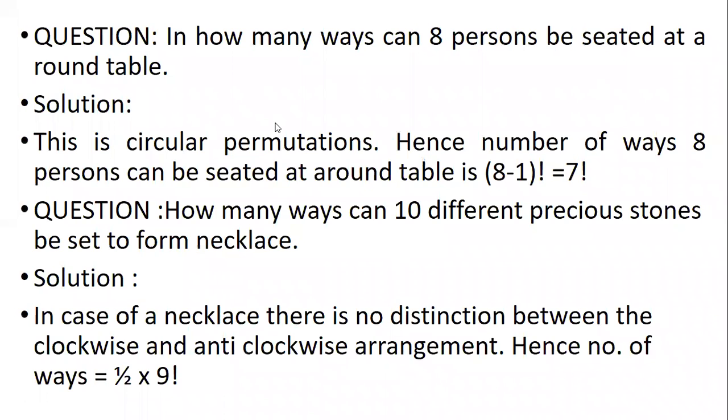In that, the first problem: in how many ways can 8 persons be seated at a round table? According to the first method, we just have to use the formula n minus 1 factorial. How many people are there at the round table? There were 8 people. So 8 minus 1 factorial, which is nothing but 7 factorial.